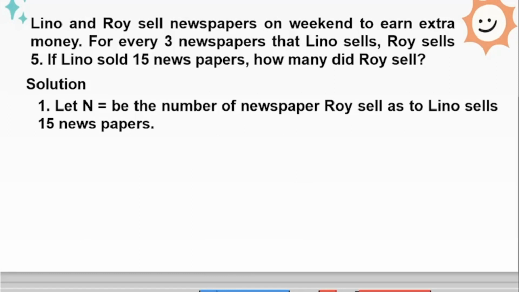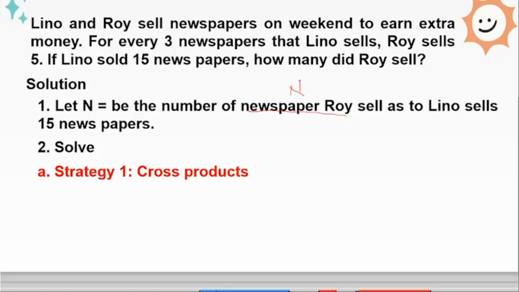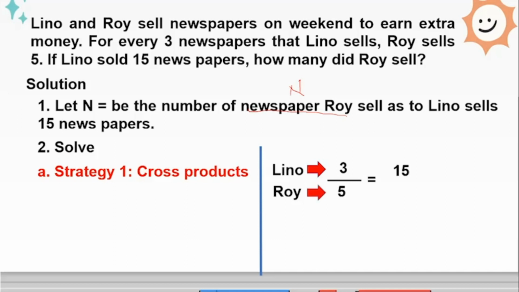So, yung number of newspapers ni Roy, yun yung gagawin nating n. So, to solve this one, we can use first the strategy 1 or the cross product. So, the proportion na nagawa natin kanina ay Lino to Roy. So, Lino has 3 at first, then Roy sold 5 newspapers, as 15 yung nabenta ni Lino, ano ang mangyayari kay Roy? So, we can use the cross product here.